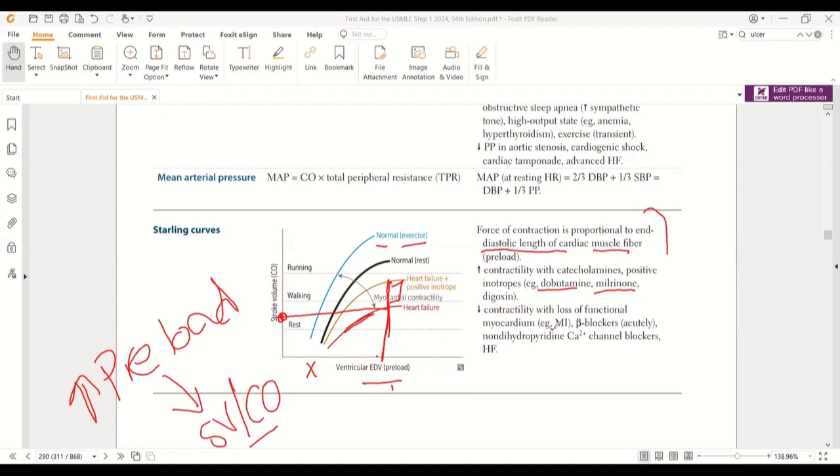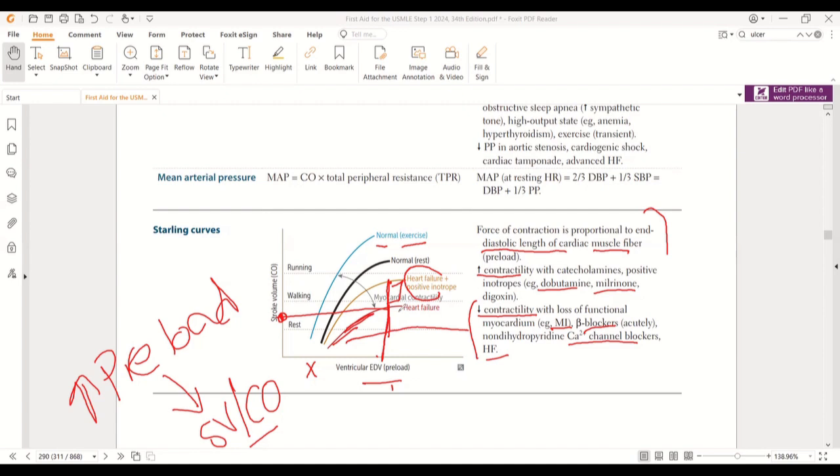So MI, beta blockers, non-dihydropyridine calcium channel blockers, they decrease the contractility, right? So their curve is this red line. Decreased contractility or heart failure, the curve is this one. If you increase the contractility, then the curve becomes this orange color.